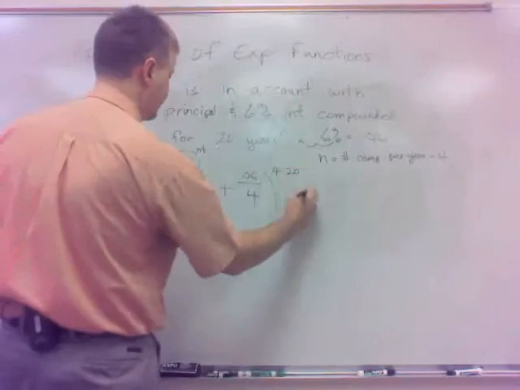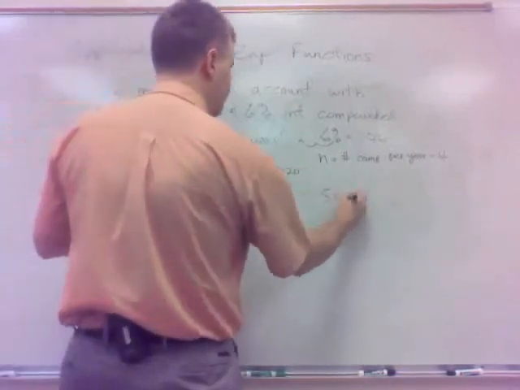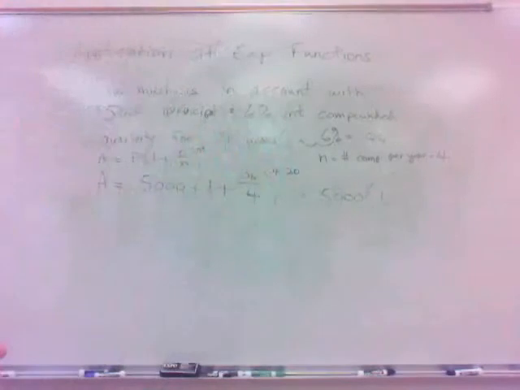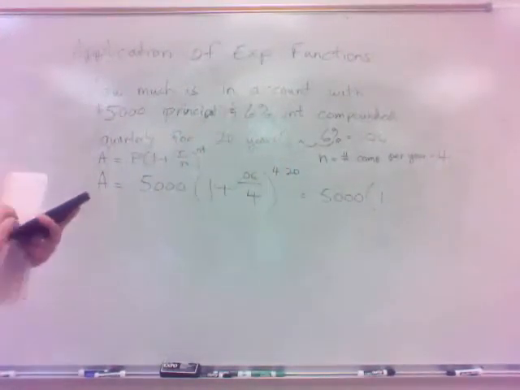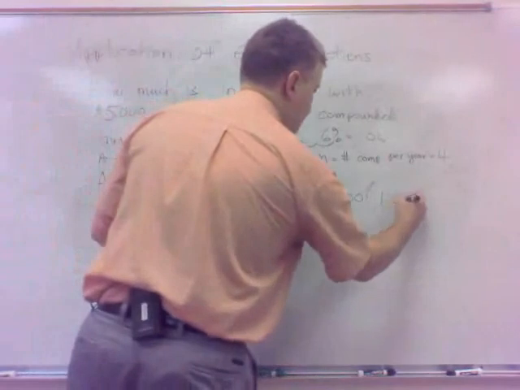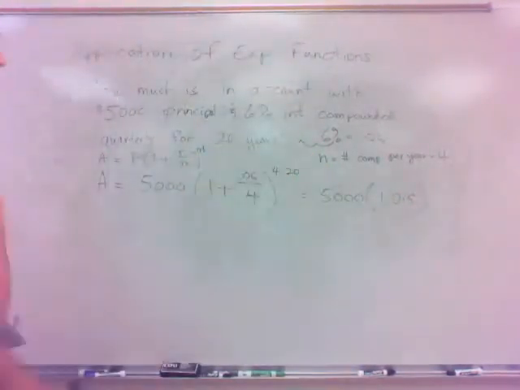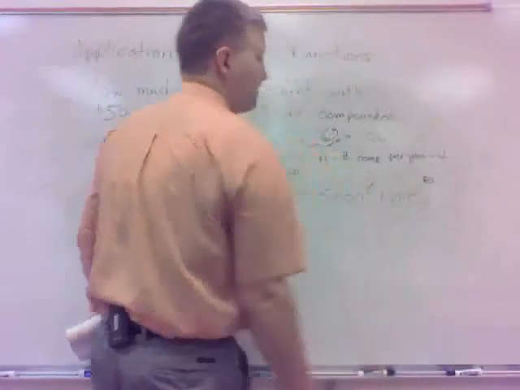It would be 4 times 20. So that's going to be 5,000 times 1, let's see, 0.06 divided by 4. It's 0.015, so 1 plus that is 1.015. And then raise that to the 80th power.